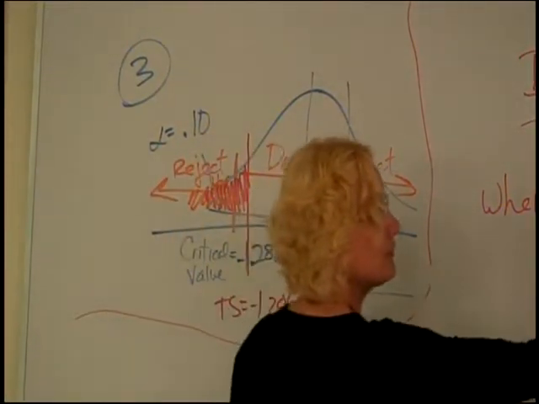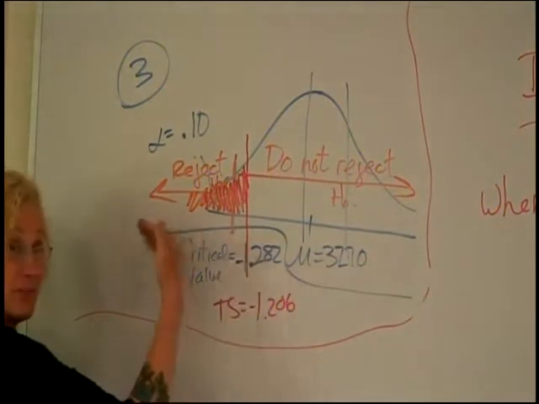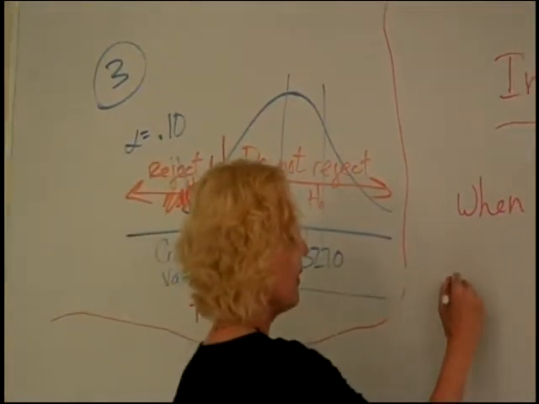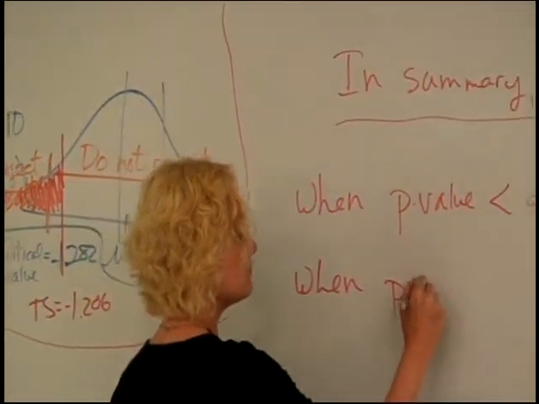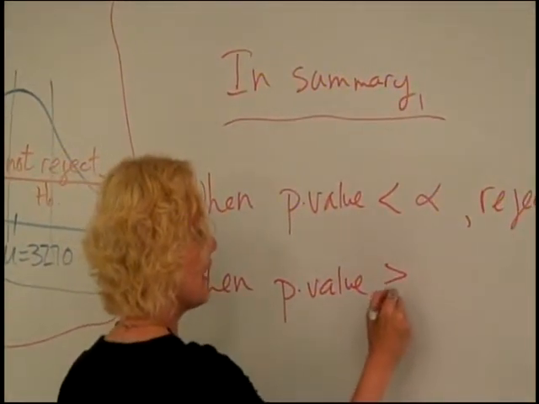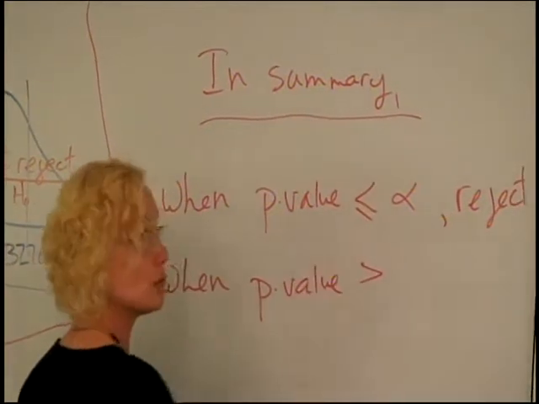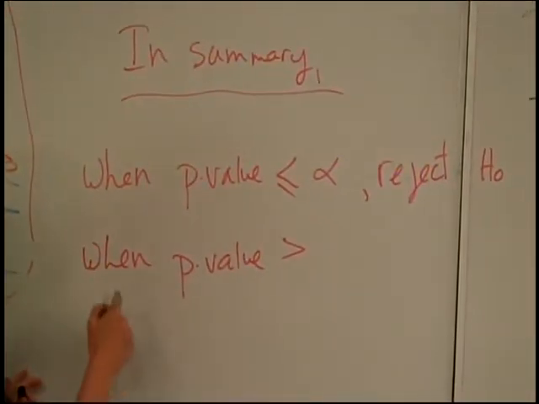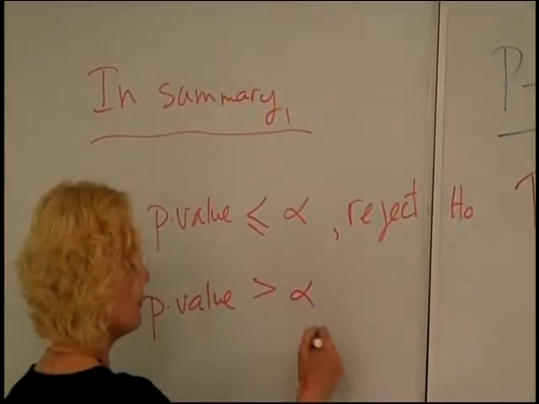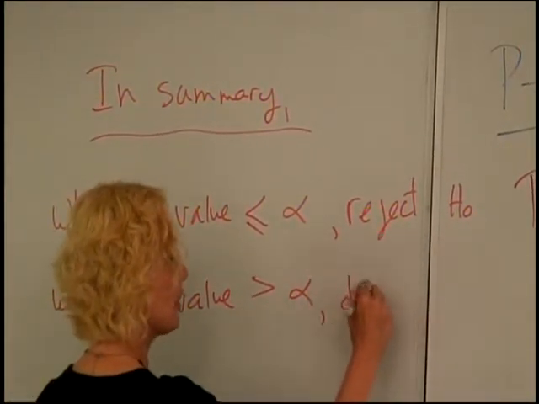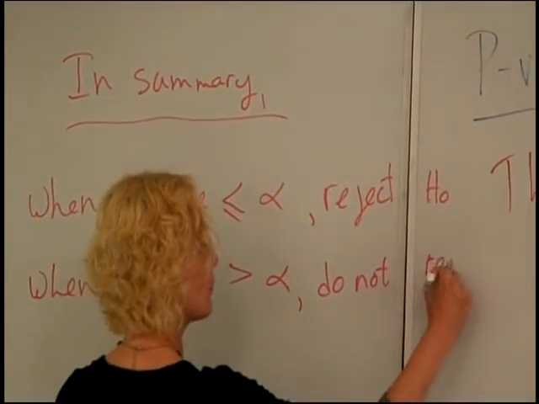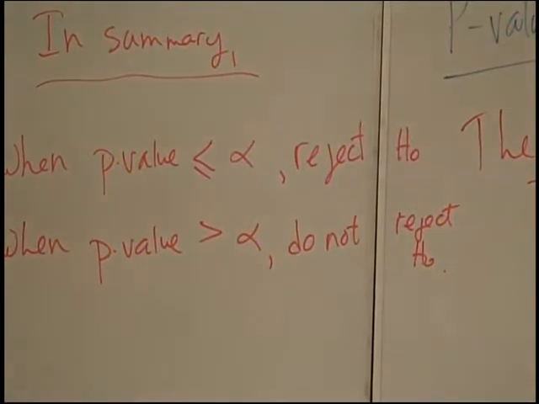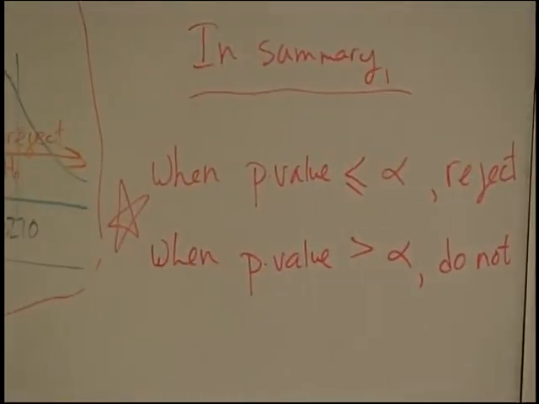And when that happens, you're in the rejection region. You reject H0. And when the p-value is greater than your significance level, you do not reject H0. Okay? When all the dust settles, that's the deal.